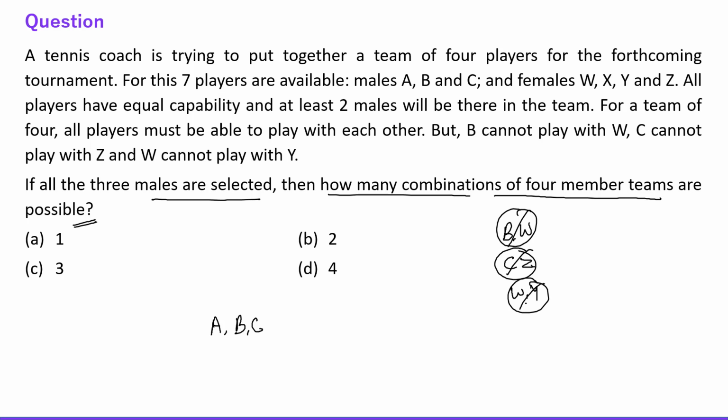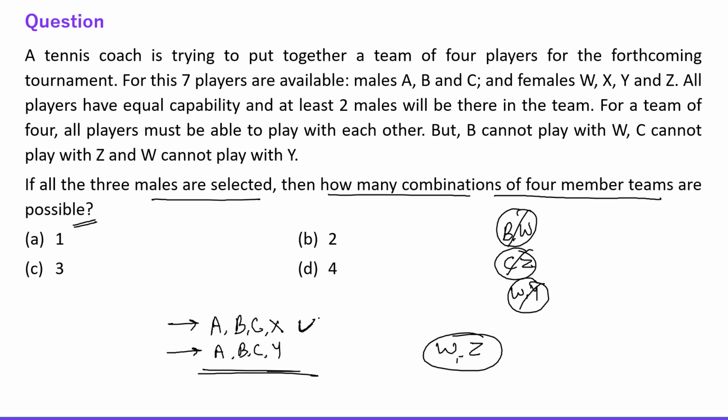Now, X, A, B, C, Y. I think these 2 teams are possible, because we can't take W and we can't take Z. B is not comfortable with W and C is not comfortable with Z. So we can have ABCX and ABCY. 2 teams are possible.